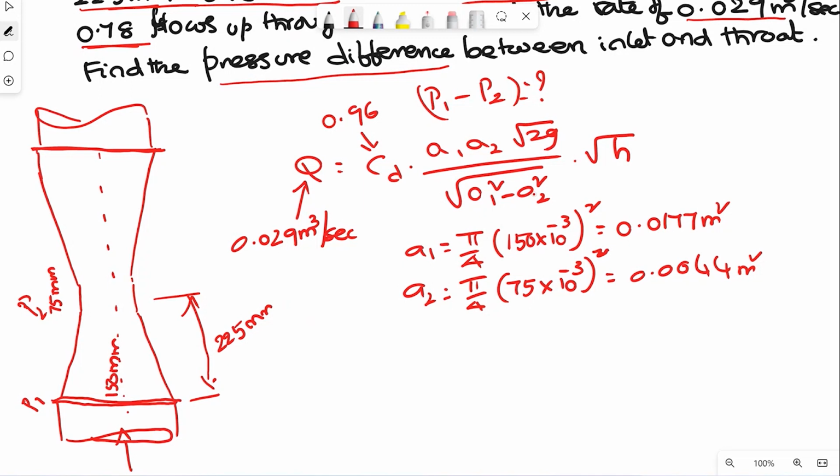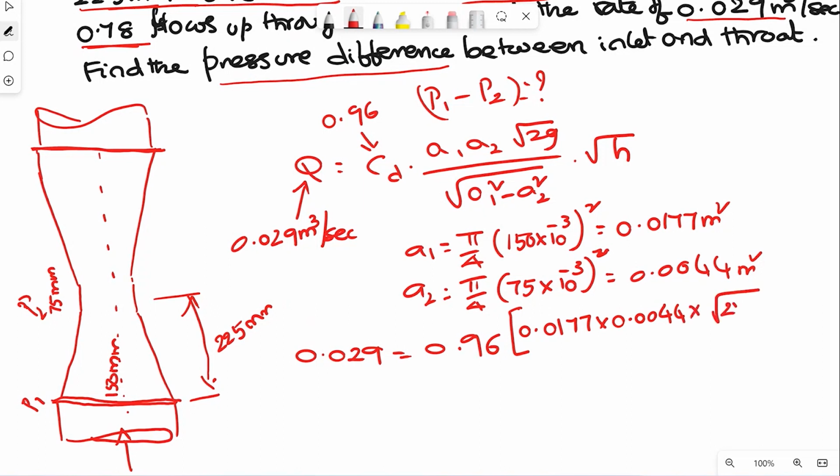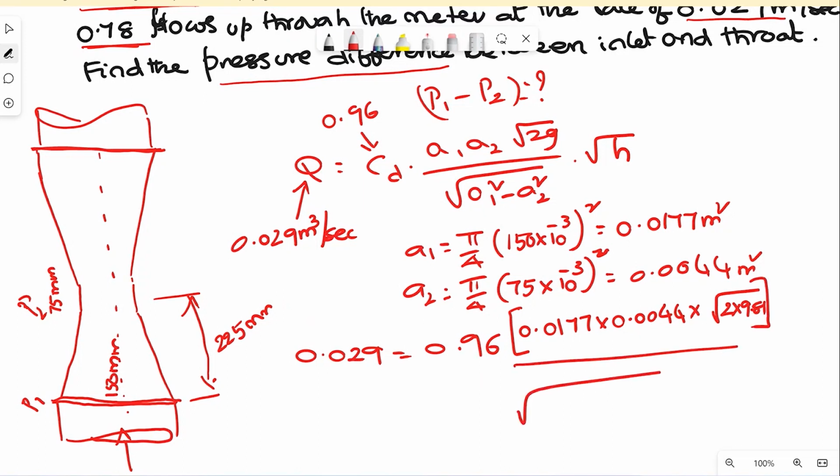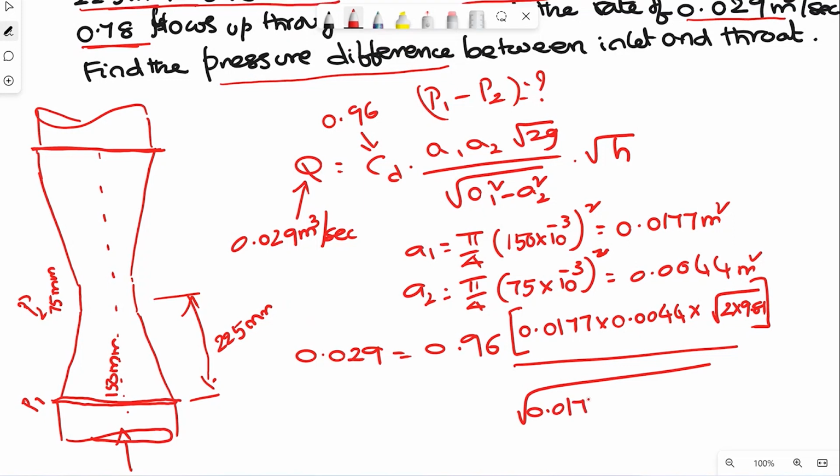Then naturally, substituting all these things, Q, CD, A1, A2, g, the only unknown in the above equation is h. So 0.029 is equal to 0.96 into A1 A2 root 2g, that is 0.0177 into 0.0044 into root of 2 into 9.81, this is the numerator, divided by square root of 0.0177 square minus 0.0044 square, into root h.